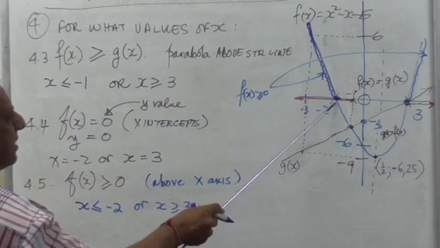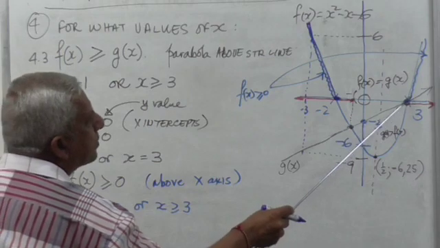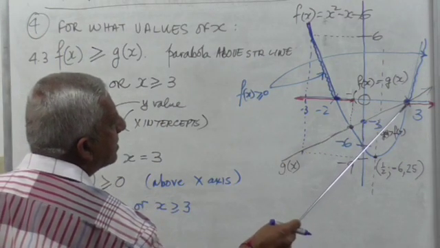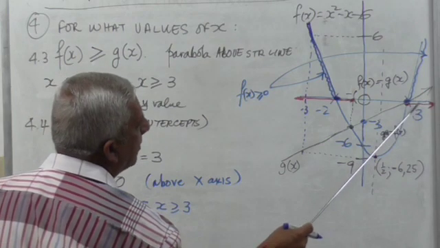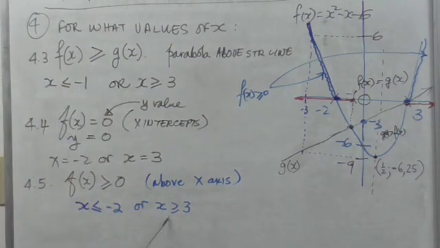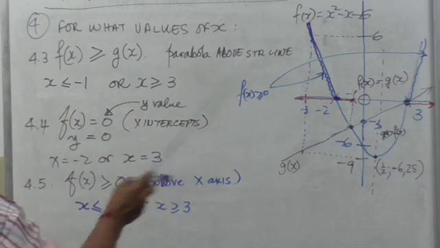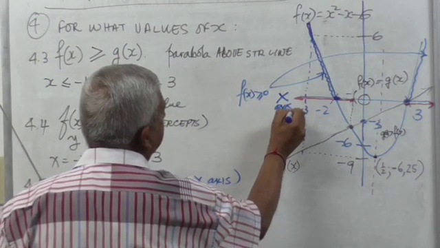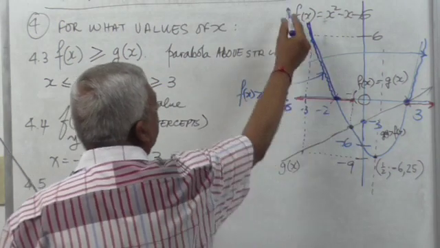This wavy part is above the x-axis for those values. Or simply f of x greater than 0 means, look at the graph above the x-axis.